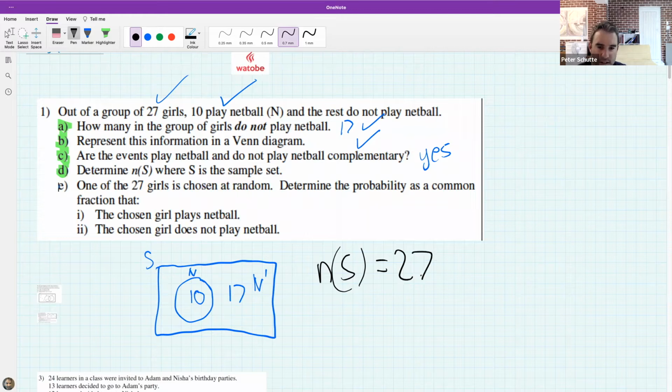There are 27. Yes, absolutely. Because I've just gone 10 plus the 17. Okay, what is the probability that one chosen girl plays netball? And then what is the probability that a randomly chosen girl does not play netball?